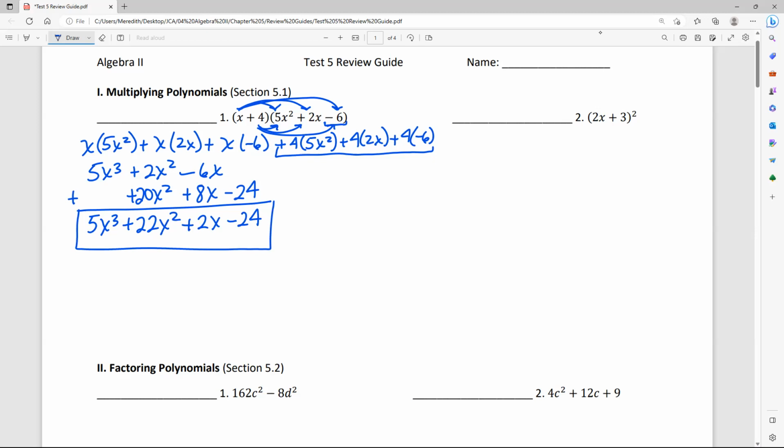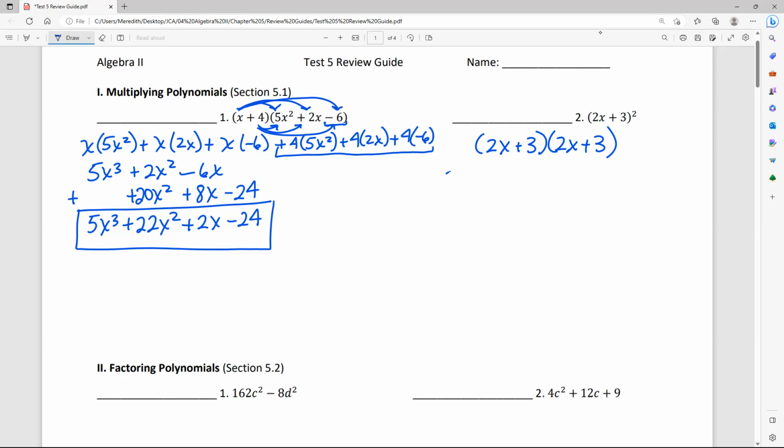For number 2, we have a square of a sum. So you have to be careful. You cannot just distribute the exponent to the 2x and the 3. You've got to actually write it out as 2x plus 3 times 2x plus 3, so that you can then use your FOIL method to multiply the terms times each other.